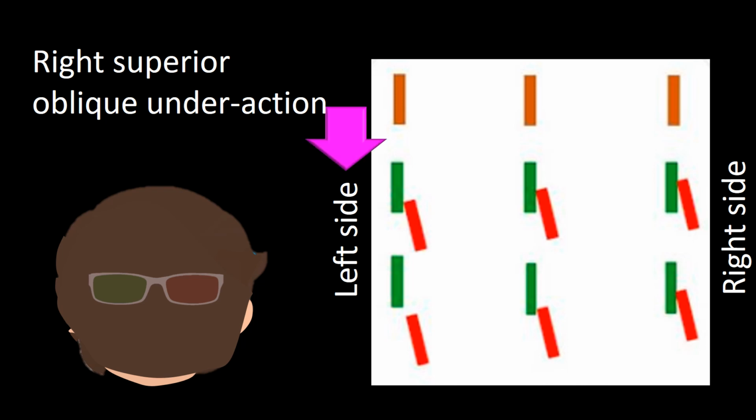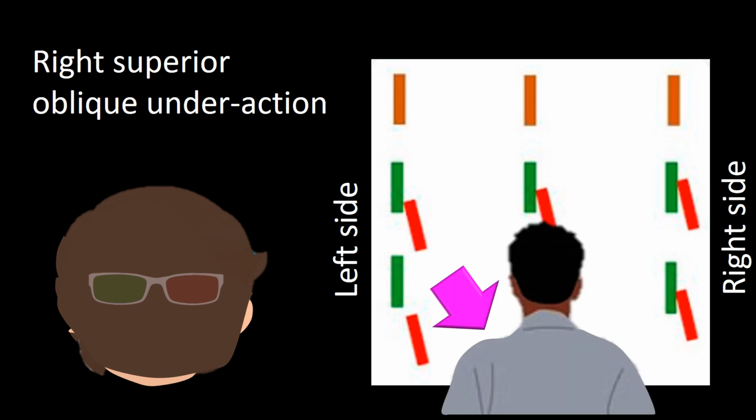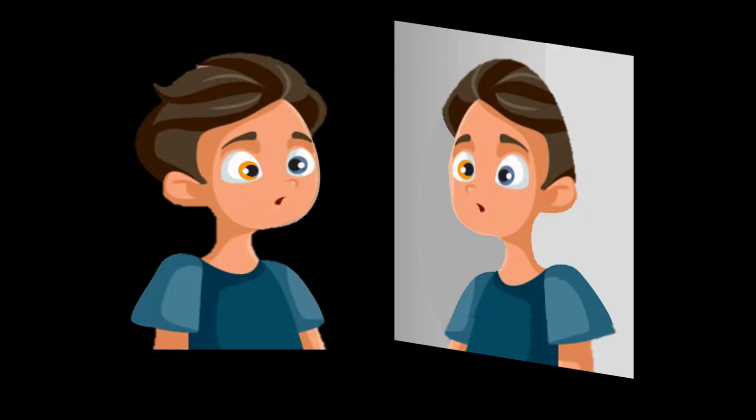Hence, the left side of the chart corresponds to the left side of the patient and the left side of the interpreter. In other words, the representation of bar diplopia charts during this talk corresponds to the mirror image of the representation of bar diplopia charts used during bar diplopia chart interpretation.